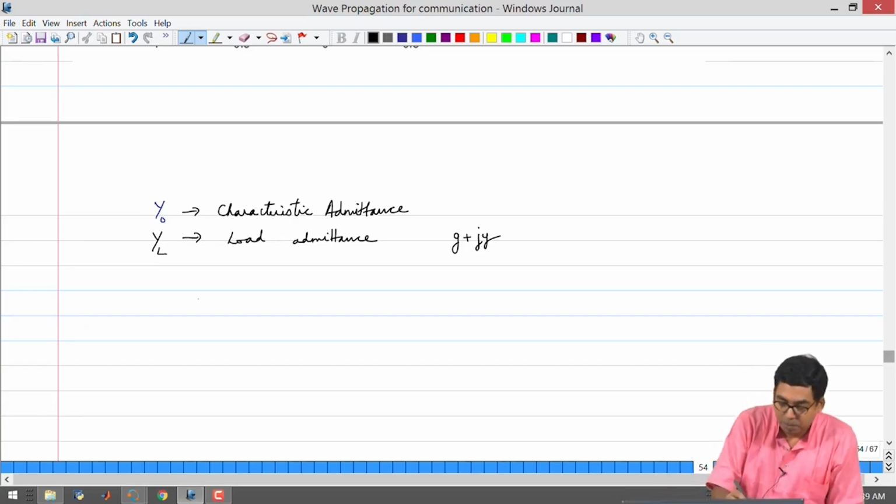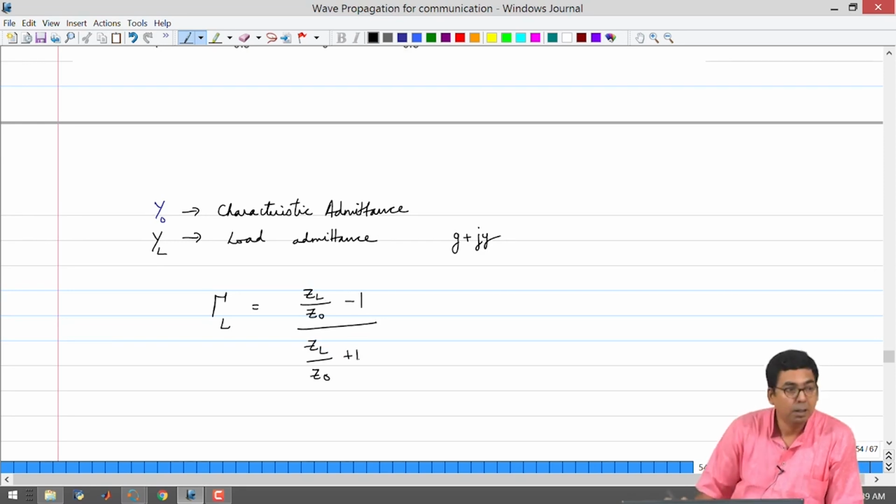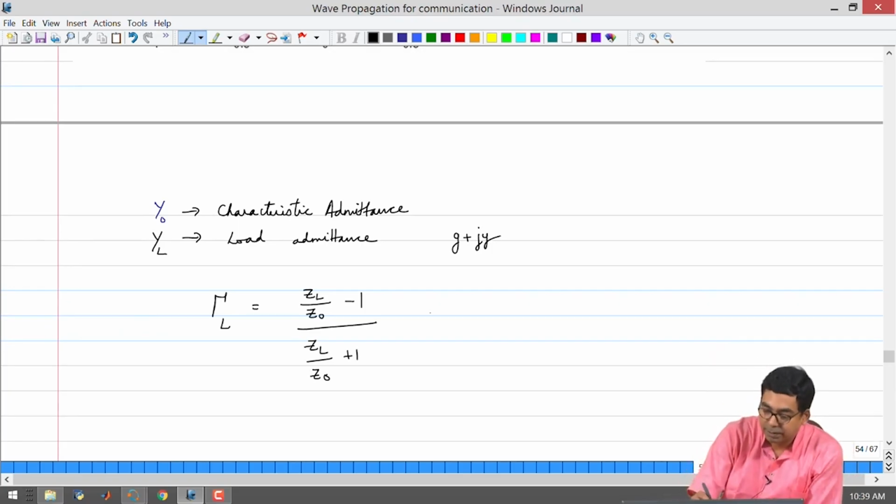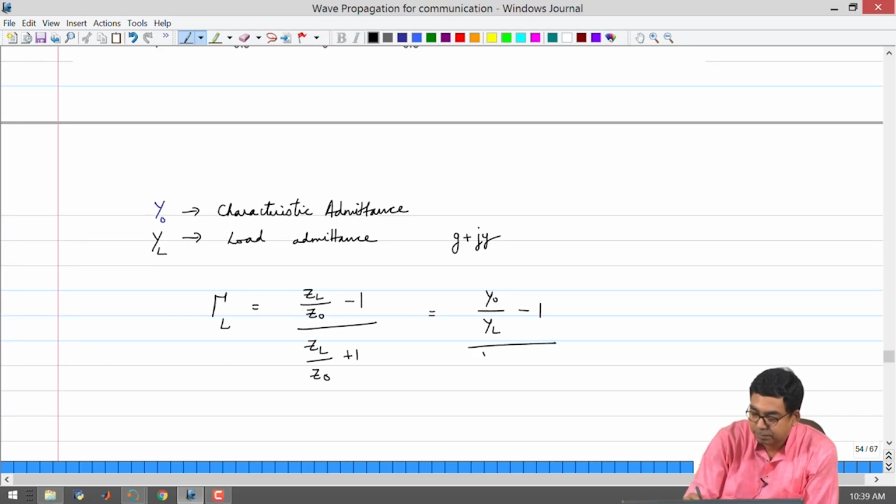So, you could go back to your reflection coefficient formula, right. We had gamma equal to ZL by Z naught minus 1 divided by ZL by Z naught plus 1, okay, that is what we had. So, we could always write this down as Y naught by YL minus 1 divided by Y naught by YL plus 1.